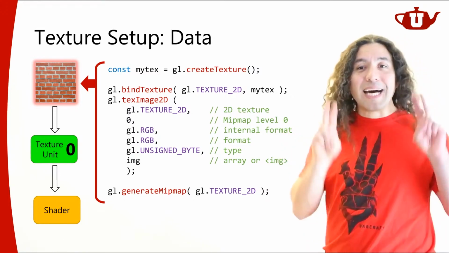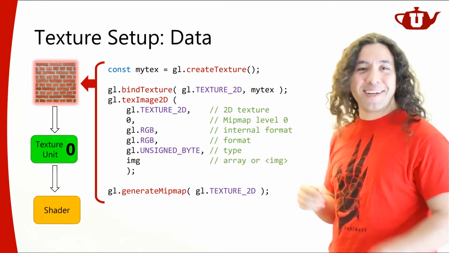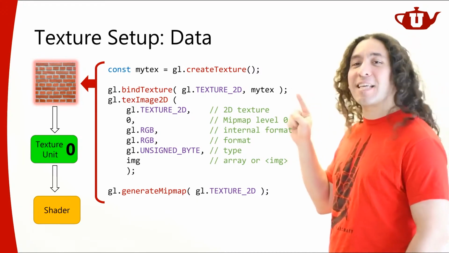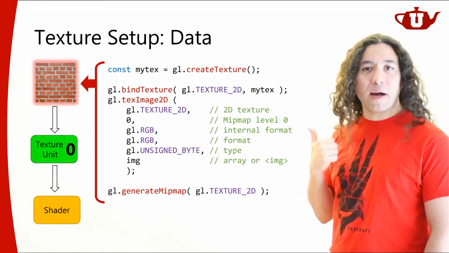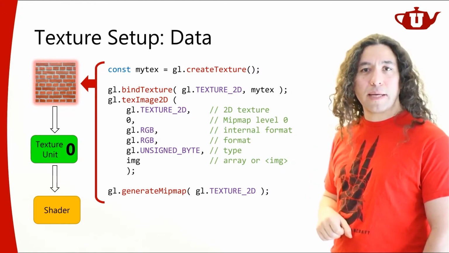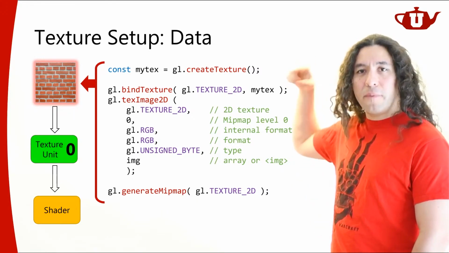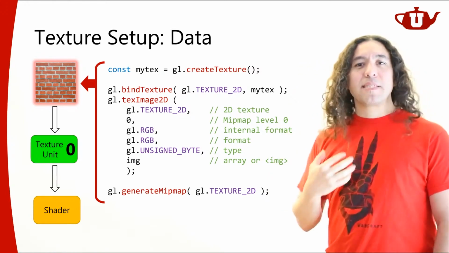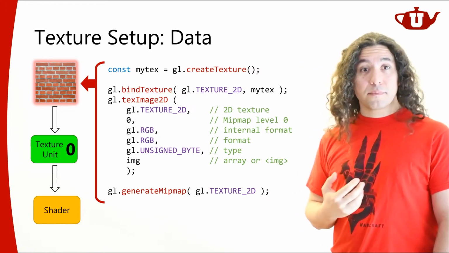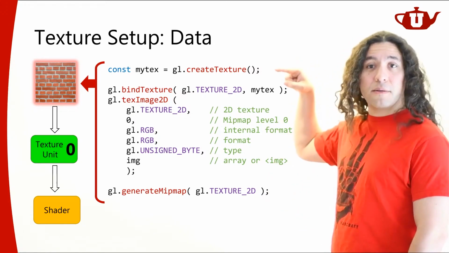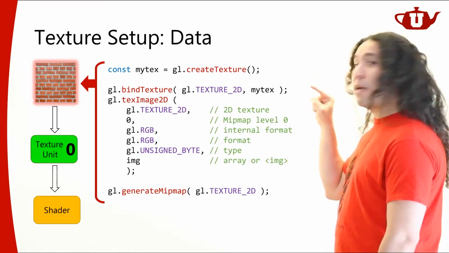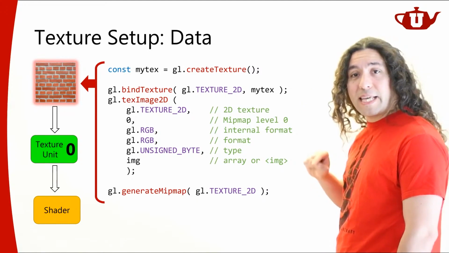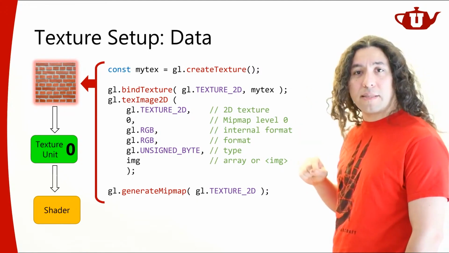So that's going to be the name of my texture. I'm going to be accessing my texture using this variable, whatever I got from WebGL. So I created my texture, and on the next line, I'm setting the texture data. When I created my texture, my GPU did not allocate anything. It's going to allocate memory when I'm setting the texture data.